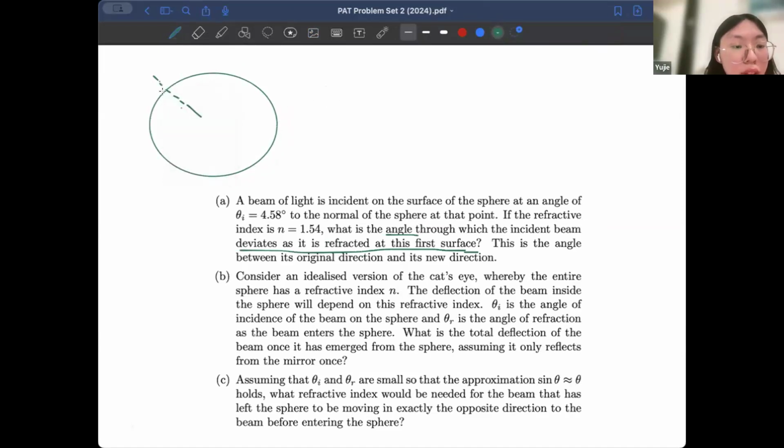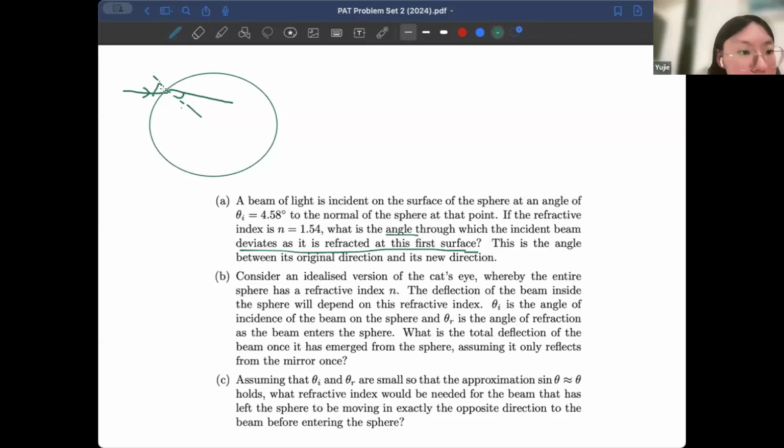And we have an incident light at an angle theta I, and it's being refracted because of the difference of refractive index between air and the glass, theta R. And we're looking for the angle of deviation.